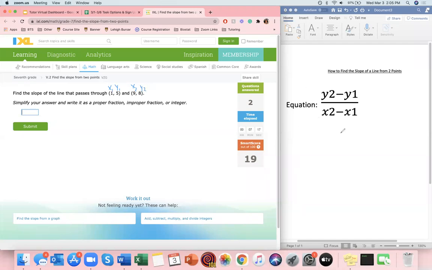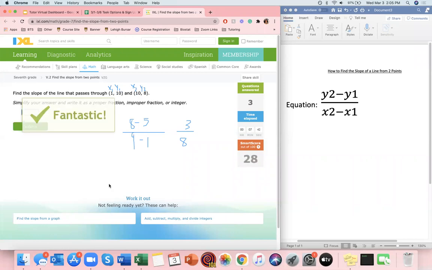Using this equation, y2 would be 8 minus y1, which is 5, over x2, which is 9, minus x1, which is 1. So 8 minus 5 is 3, and 9 minus 1 is 8. So our final answer is 3 over 8.